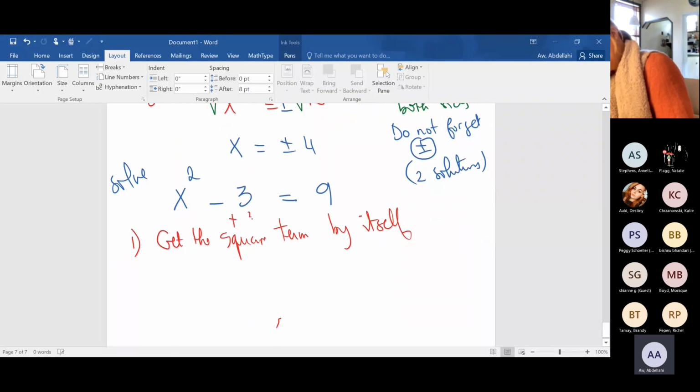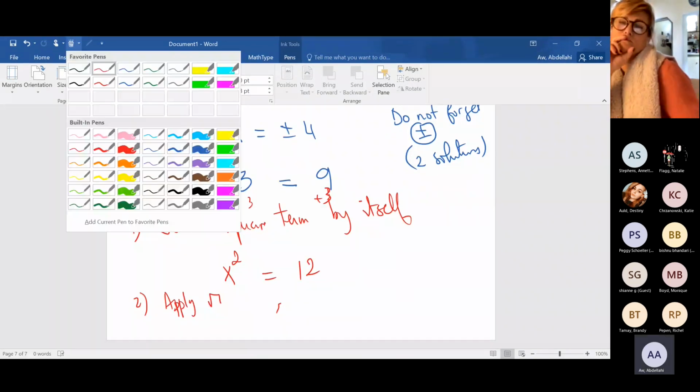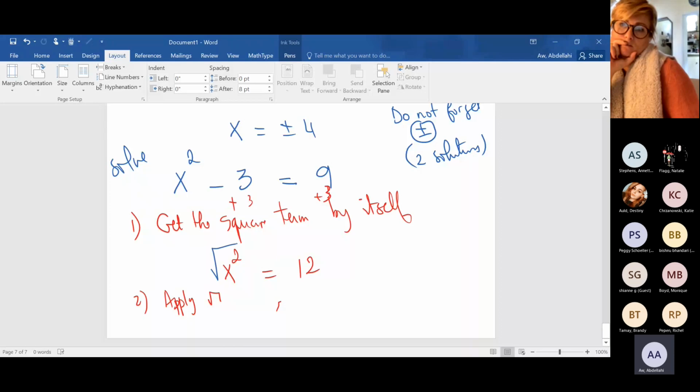So we add 3, we add 3. So we get x squared is equal to 12. Now apply square root from both sides. Second, now apply square root. Okay. So we do square root, but we don't forget again to put the plus or minus.